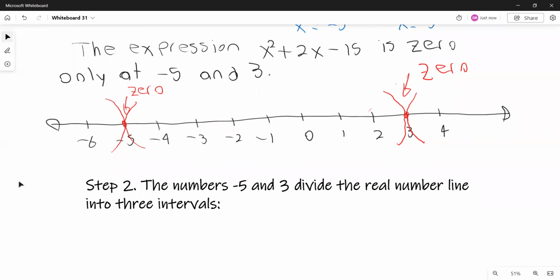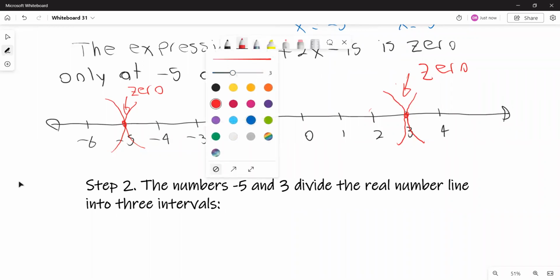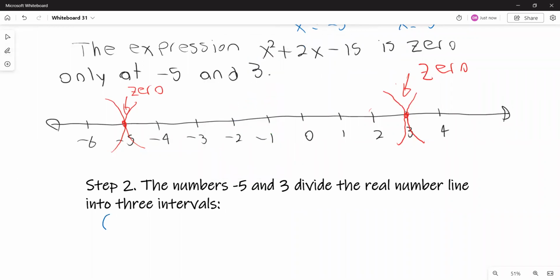Those are -∞ to -5, -5 to 3, and 3 to infinity.